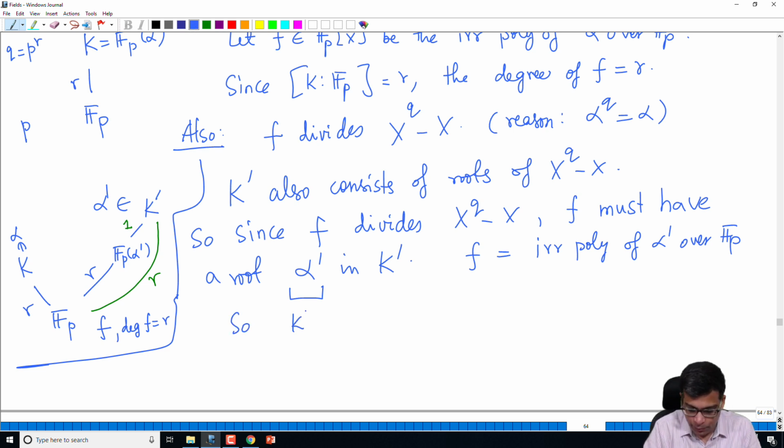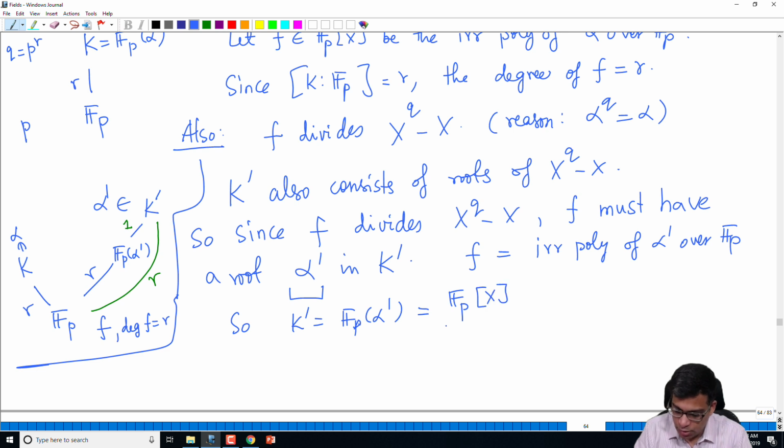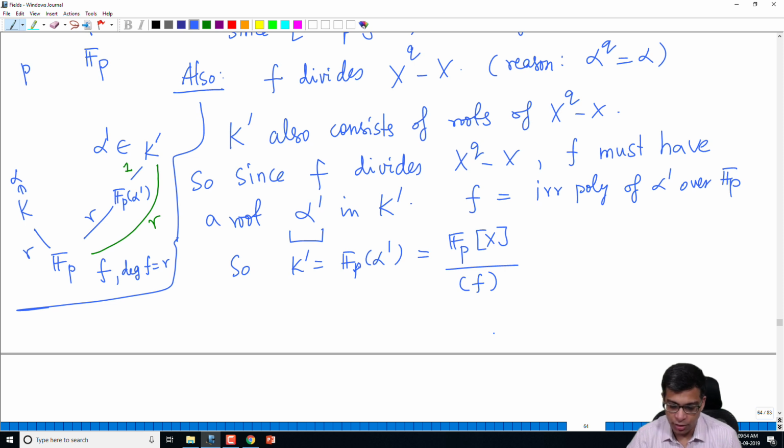So k prime is equal to Fp(alpha prime). But what is Fp(alpha prime)? This is another way of writing Fp[x] modulo F, right? This was done in the beginning of our field theory part, because anytime you join an algebraic element, it is isomorphic to this ring modulo the ideal generated by the irreducible polynomial of that algebraic element.